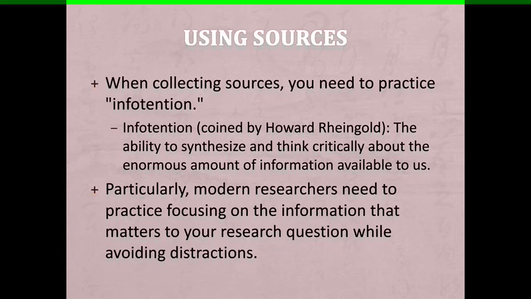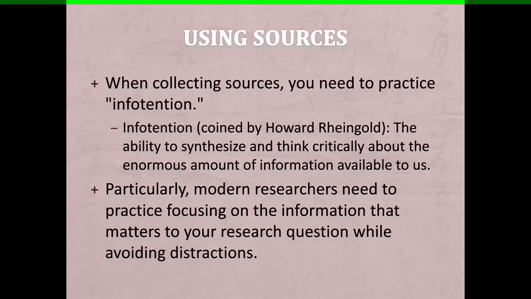amounts of information, because I assume as you've been looking for sources to use for your paper, you've probably come across a lot of information that you think can be useful. I know reading your proposals, I saw that many of you said you wanted to use things like interviews, news articles, academic articles, personal statements, etc., right?